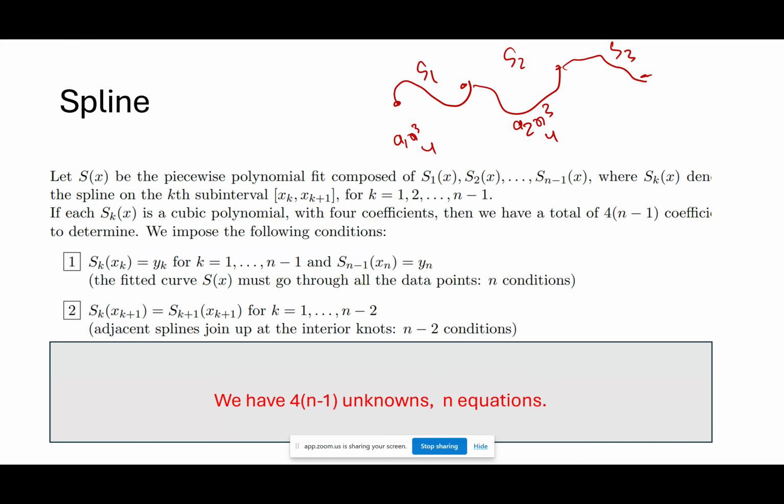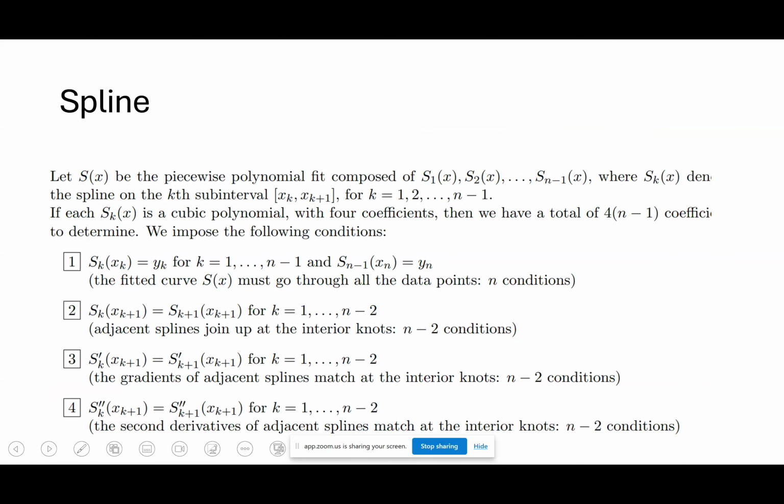The condition we should ensure is that the adjacent polynomials at this xk plus 1 must be the same. Like s1 of x2 must be equal to s2 of x2. So there is continuity, right? In this way we get n minus 2 conditions. We also ensure that the first order derivative must be equal, and that the second order derivative is also equal at adjacent points.